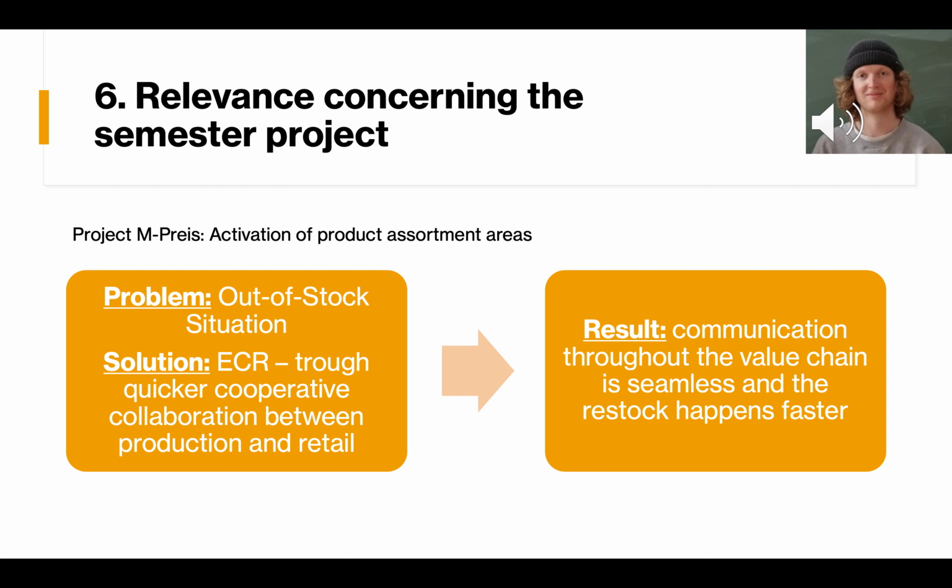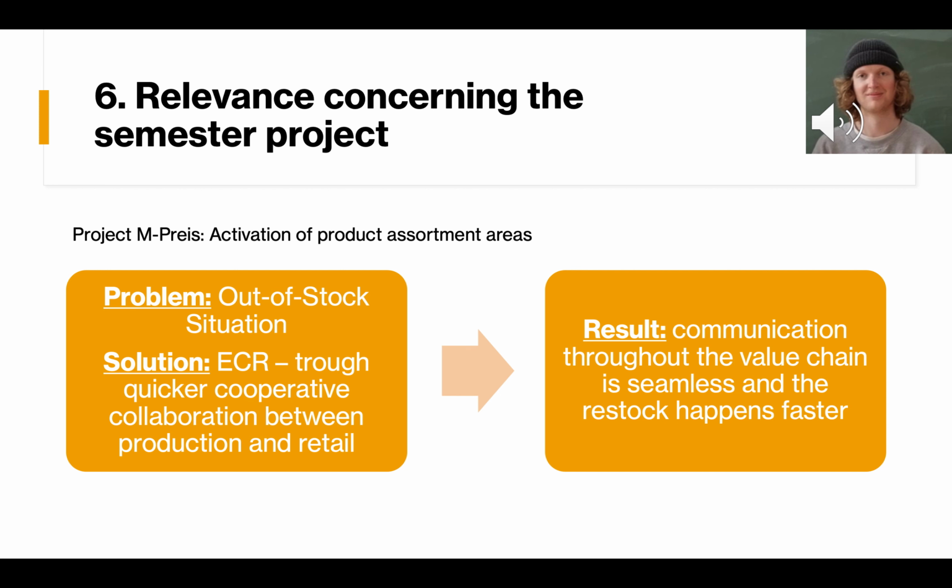For example, if we as a consumer identify a problem in the area of restocking products, or in the technical term, out-of-stock situation, the ECR can offer Empreis a productive solution to this problem through a quicker cooperative collaboration between production and retail.